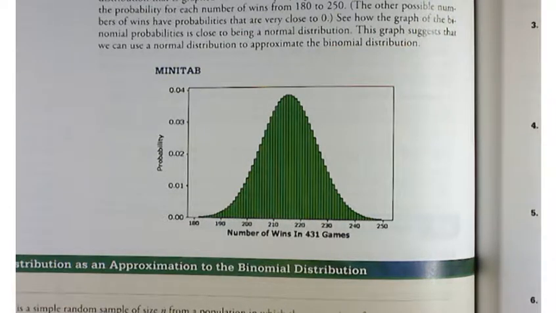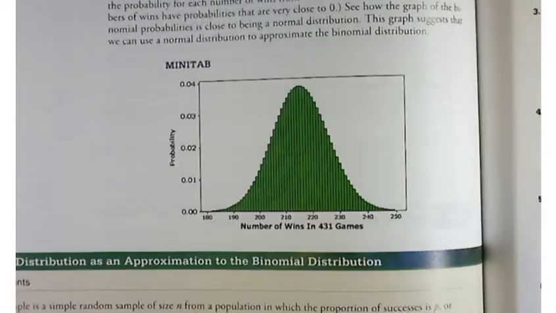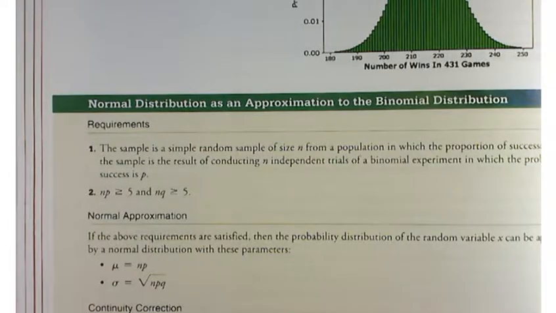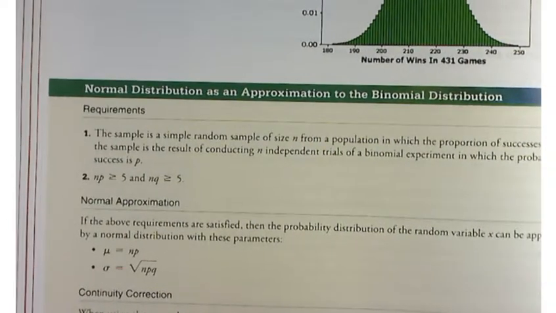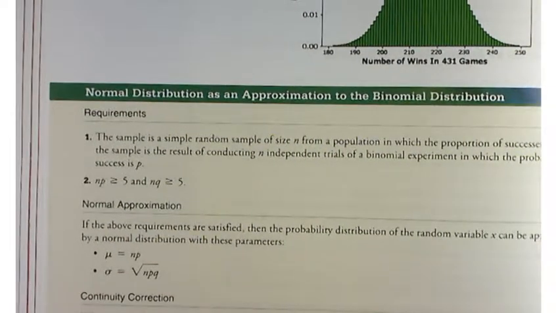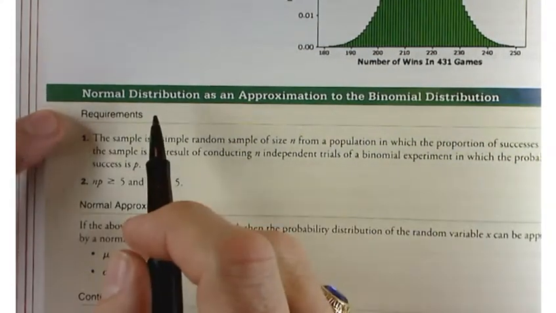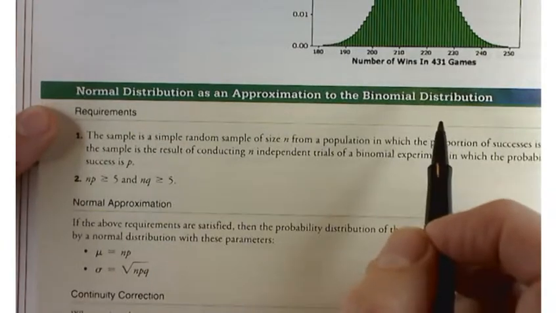Now, in order to do this, there's a couple assumptions that we have to check. So we're going to work in this section to try and decide whether or not we can, and then if we can, use a normal approximation to a binomial distribution.